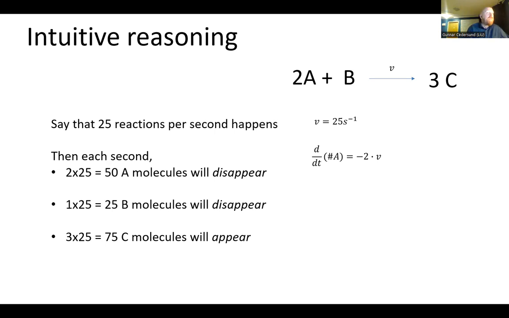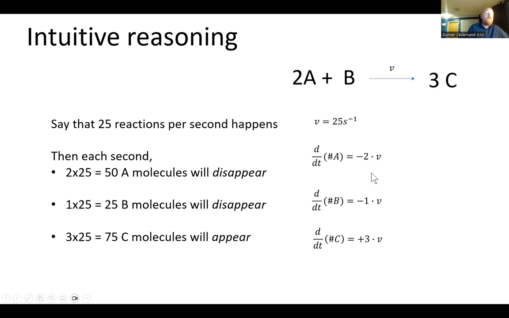That's simply given by -2 times V, so -50. In the same way, B is minus 25, or minus V, and C is 3 times V, so 75. This is the derivative, and it doesn't change because the reaction rate is constant. It's of course a simplification, but in this particular model, that's what we have.